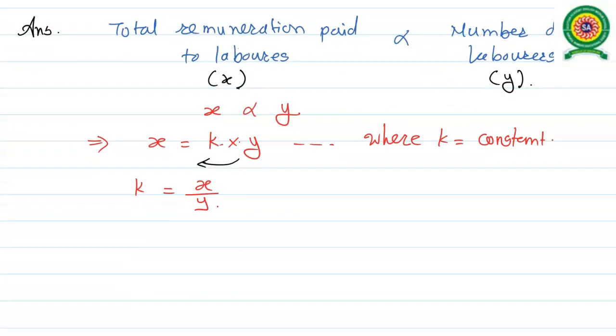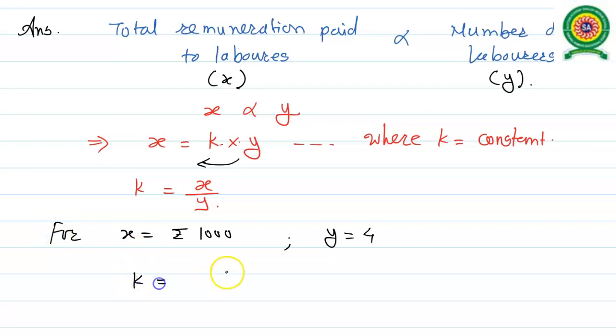So I am writing remuneration x is equal to 1000, and the number of laborers y is equal to 4. So k is 1000 divided by 4, and we get the value of k as 250.